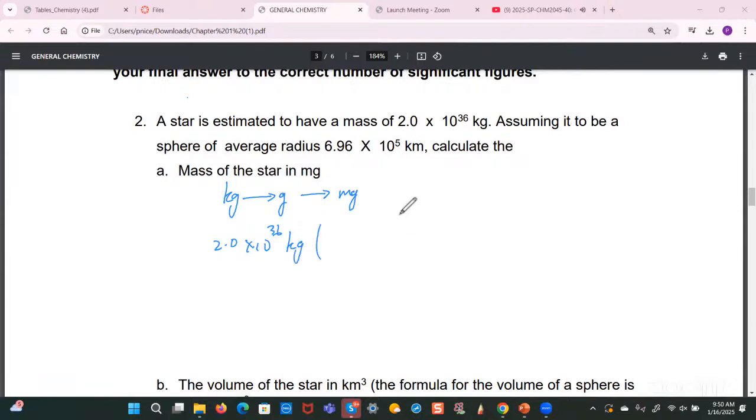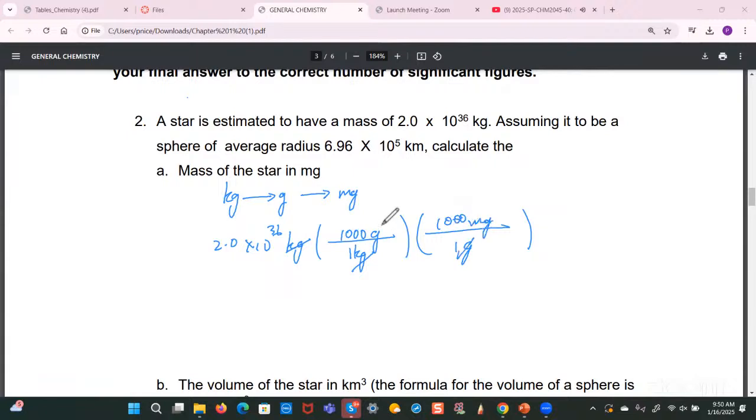And we're going to convert to grams. So we're going to have 1 kilogram down here, 1,000 grams above. Kilogram units will go, and then we do the conversion from grams to milligrams, which means that you're going to have 1 gram below and 1,000 milligrams above.